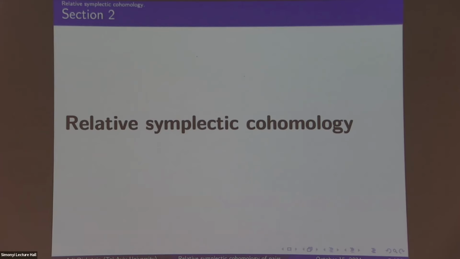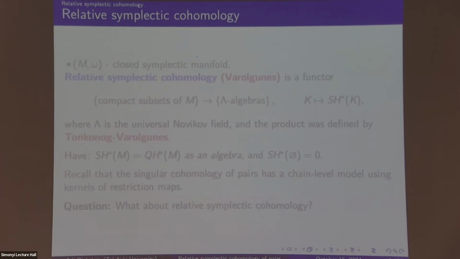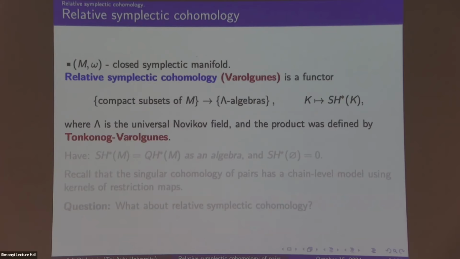So relative symplectic cohomology, what is it? Given a closed symplectic manifold M, Varolgunes defined a functor called relative symplectic cohomology from the category of compact subsets of M with respect to inclusions to Lambda algebras. Lambda is the universal Novikov field, but it doesn't matter for this talk.